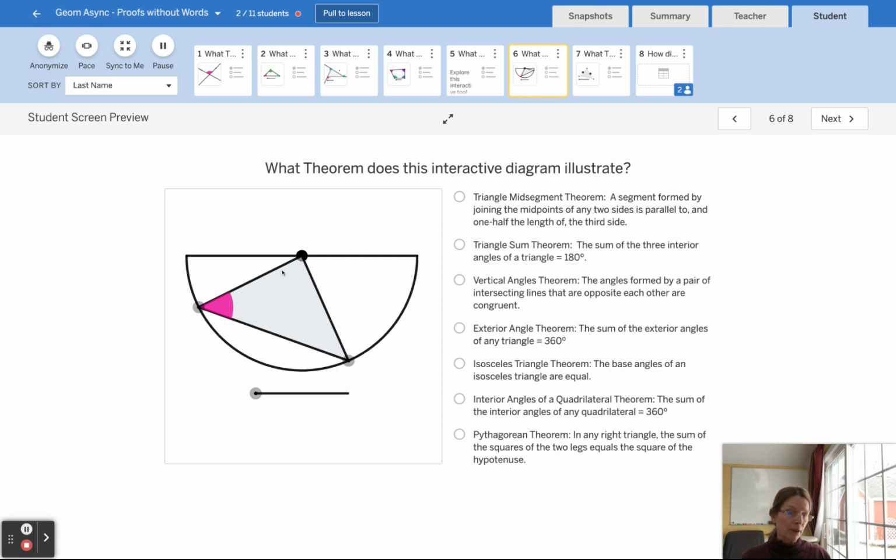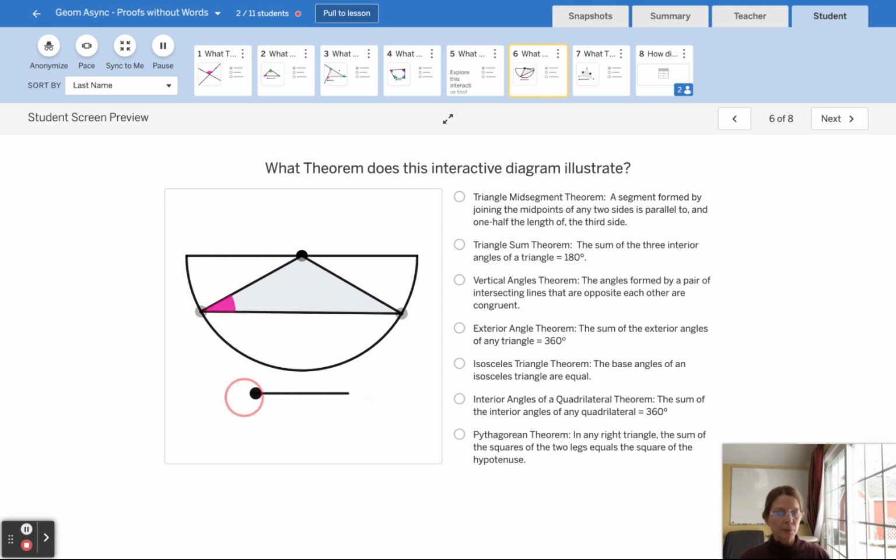If the circle has a radius of 5, that side is 5 and that side is 5. So I want you to know this is a special type of triangle where two of the sides are congruent. Okay, but what about this one angle? Is this one angle equal to anything else in the diagram?